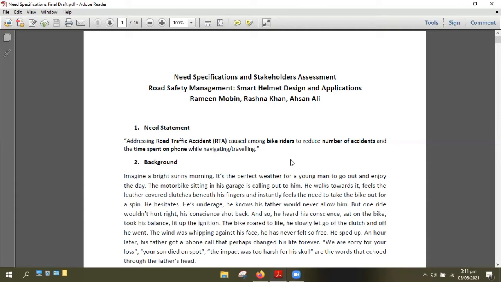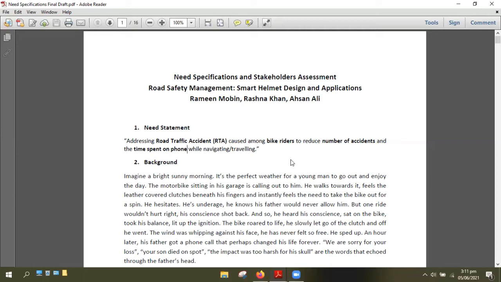So primarily the stakeholders that we identified were delivery riders, but we realized towards the end that the solution we came up with can also be applicable to normal riders as well. So it made more sense to redefine our need statement and change the stakeholder from delivery riders to simple bike riders.